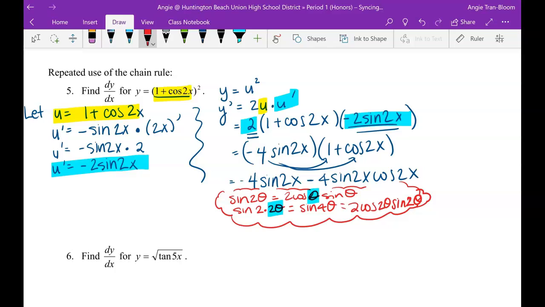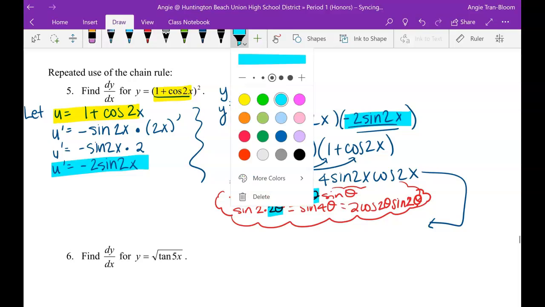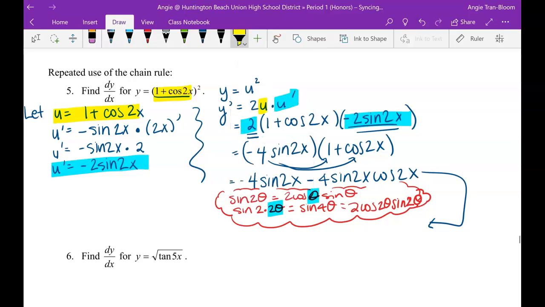Now, why do I need to know this? Well, I see a couple of things in my answer here. You see this term right here? I can rewrite that as, I'm going to copy this down, negative 4 sine of 2x, leave that as is.